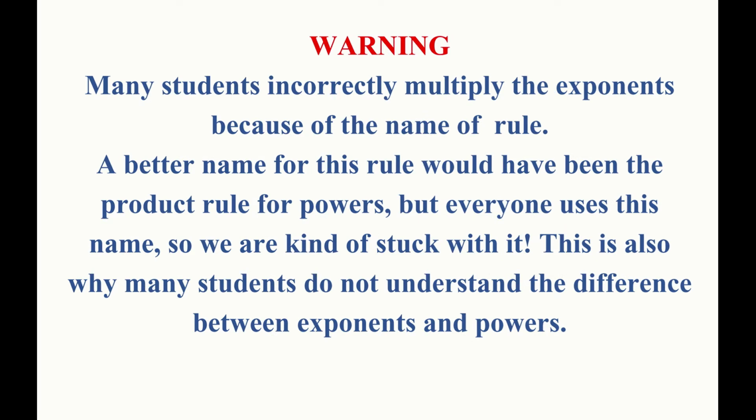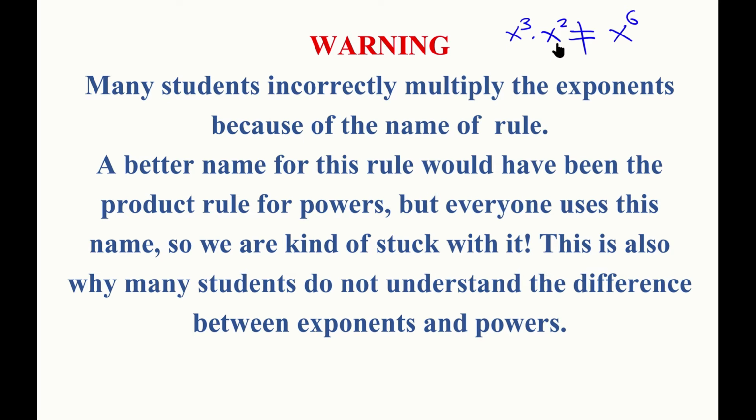Here I just want to warn you that a lot of students incorrectly multiply the exponents because of the name of the rule. So they see x cubed times x squared and they go, okay, so that's x to the 6. And of course, that's completely wrong. You do not multiply those exponents.